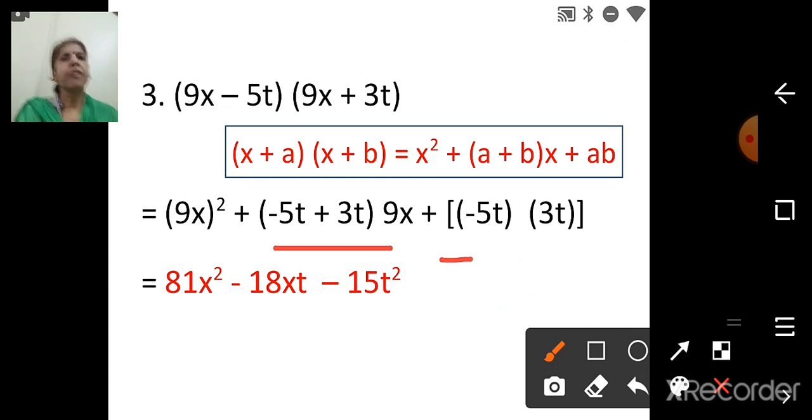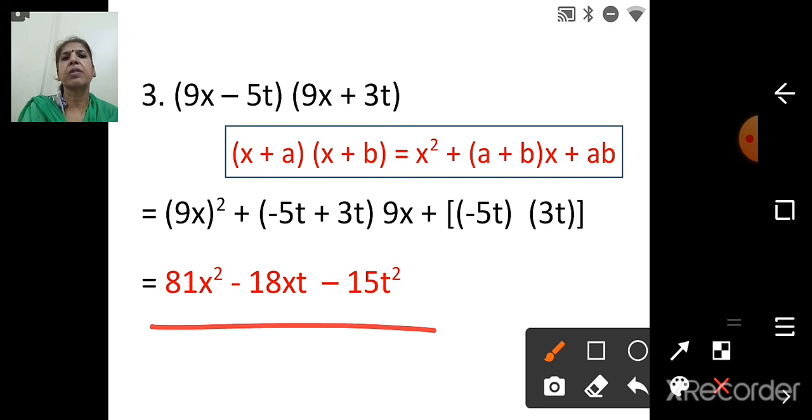So you have to do it slowly, children. First solve the bracket, then multiply. Then the third term is minus 5t multiplied with 3t. Minus 5 multiplied with 3 is minus 15, t into t is t². So the answer is 81x² − 18xt − 15t².